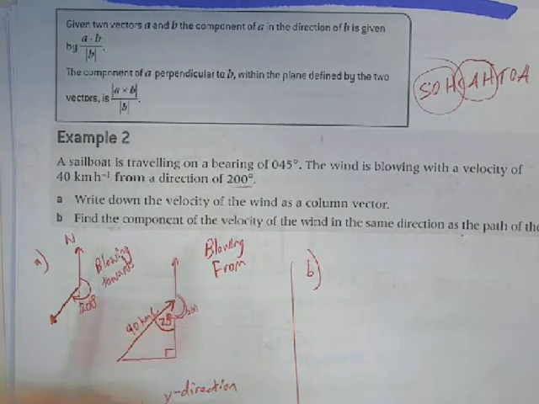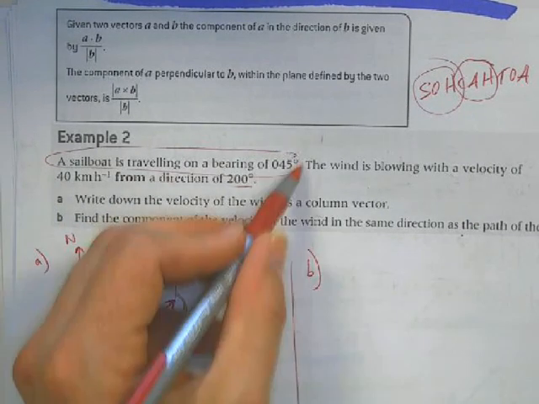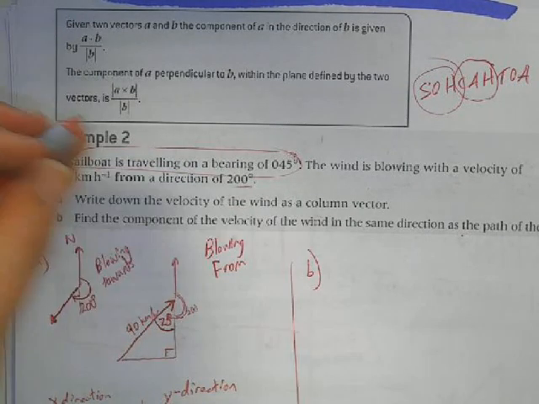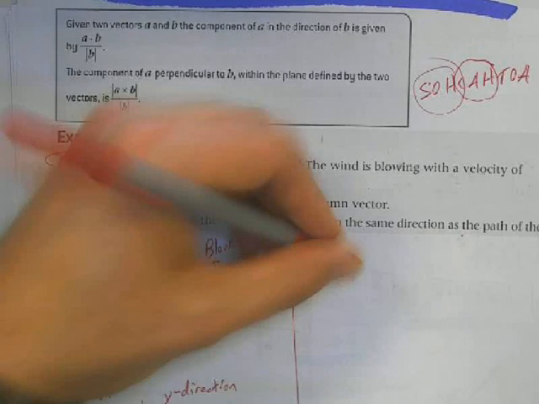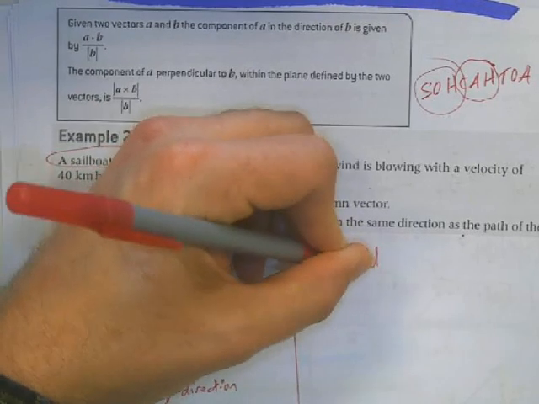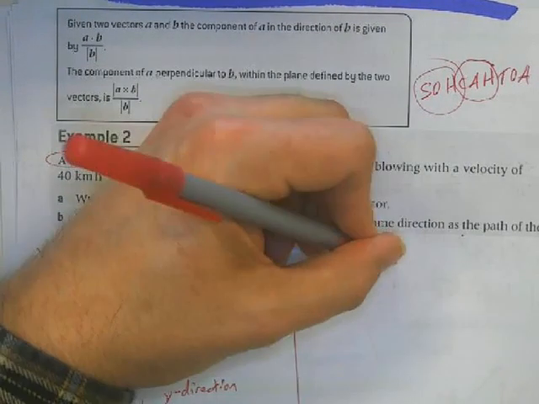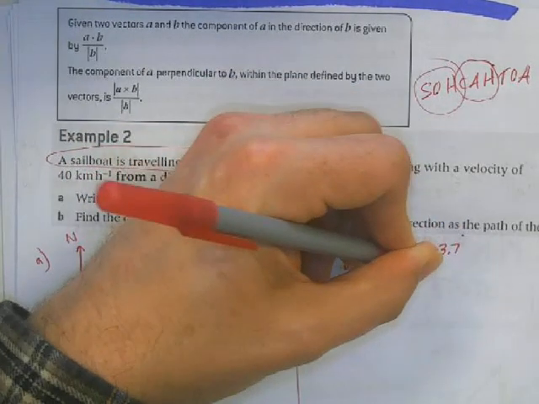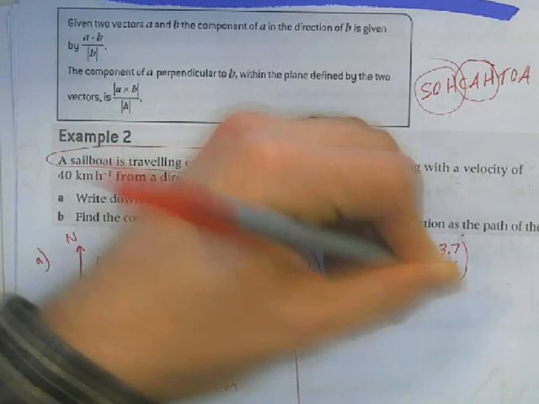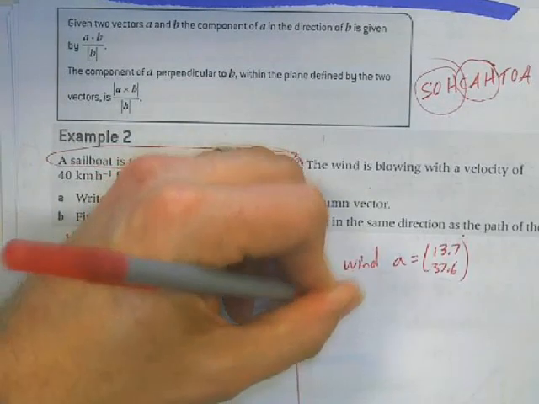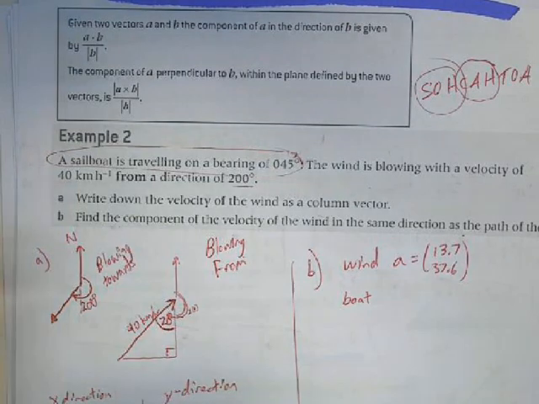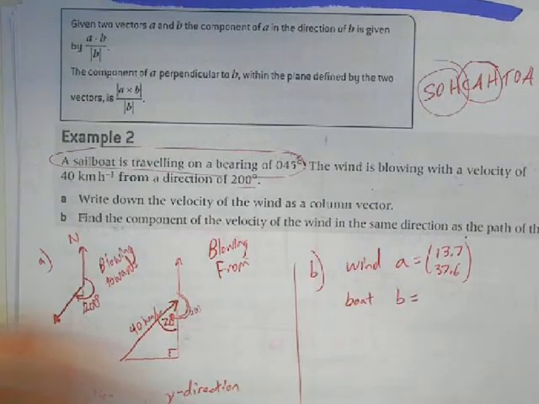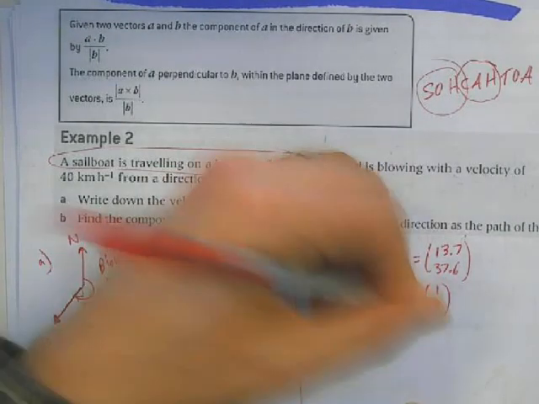So the boat is traveling 45 degrees. So we've got the wind, which is vector A, which we know is 13.7 and 37.6. The boat, we can call that vector B, which if it's going at a bearing of 45 degrees, I know it's this.